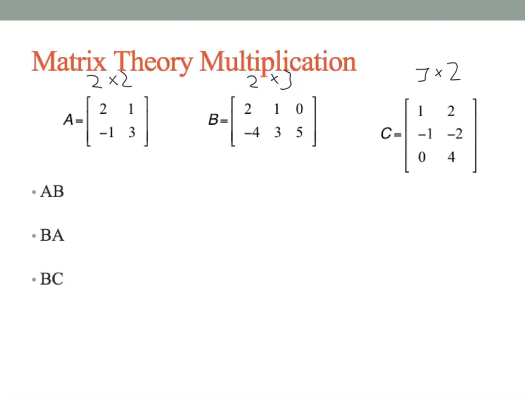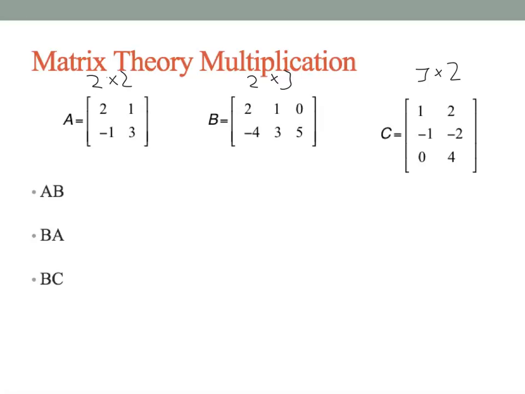First of all, AB. We have a 2 by 2, and then a 2 by 3. So remember, we're looking at, yes, those match up, and then in the end, we're going to have a 2 by 3 matrix as our answer. So that's what we want. Let's go ahead and work that problem out since we can do it.